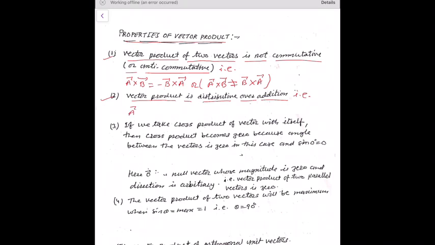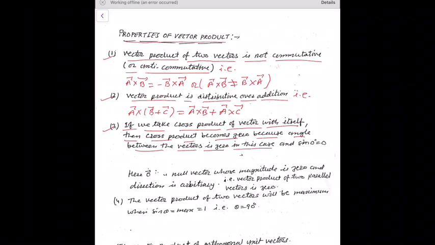That is, A vector cross B vector plus C vector is equal to A vector cross B vector plus A vector cross C vector.